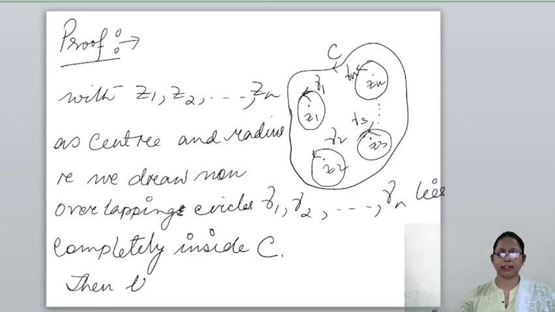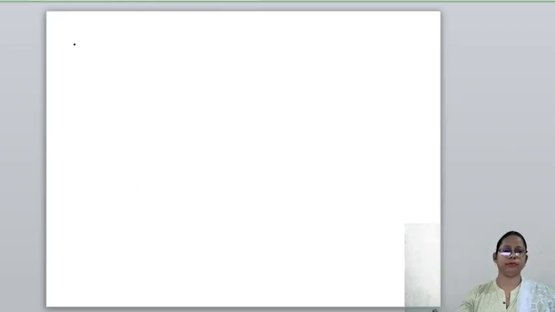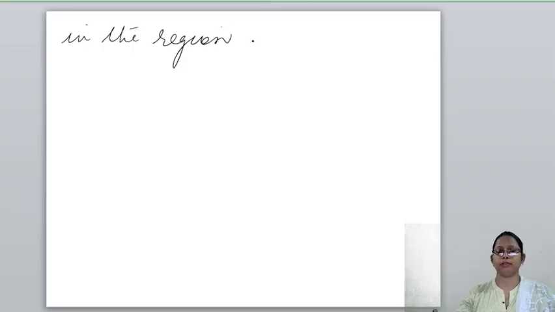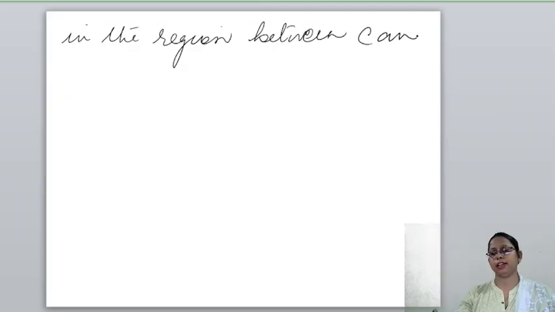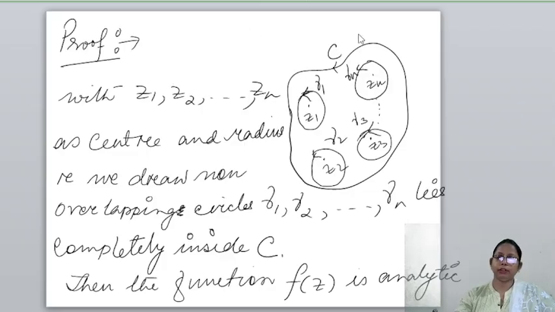Then the function f(z) is analytic in the region between C and gamma 1, gamma 2, ..., gamma n.